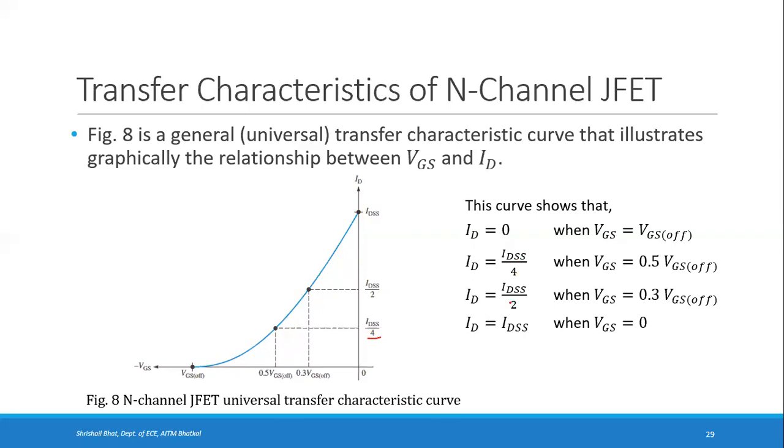ID is half the value of IDSS when VGS is 0.3 of VGS off. And ID is equal to IDSS when VGS is 0. This is how ID and VGS are related at different values.